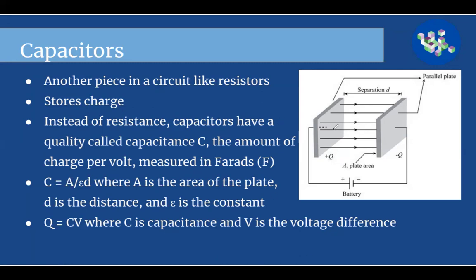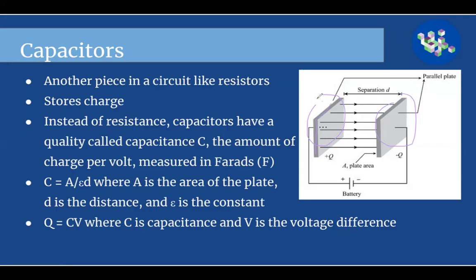So what a capacitor looks like is I have two plates, and they're separated by some distance. Those two plates are both conductors, which means that they're able to store charge. Okay, if they're an insulator, they can also store charge, but the thing is they are conductors, okay?